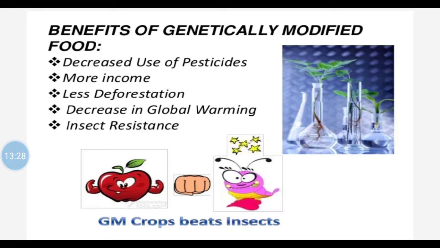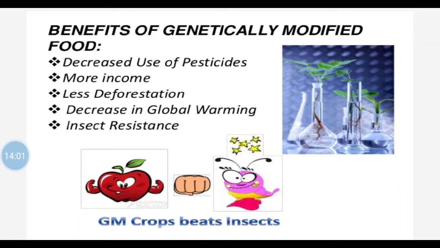When the food articles come in contact with pesticides, that is also a harmful effect on our health. So here the first benefit is decreased use of pesticides. Then more income. These articles provide more income to the persons who are involved in their production. Then less deforestation.